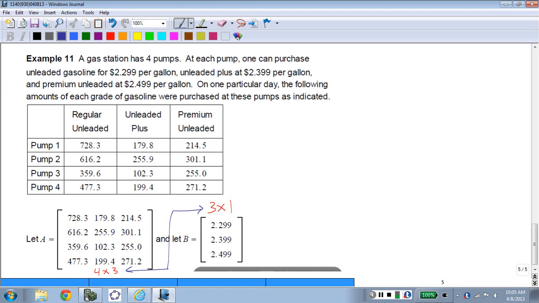And the 3's match. So we say yes. It is okay to multiply these matrices together. If we do the matrix multiplication, we're going to use a calculator to do this because it's a real pain otherwise. What is the order of the product? The matrix on the left has 4 rows. The matrix on the right has 1 column. So the order of the product will be 4 by 1.